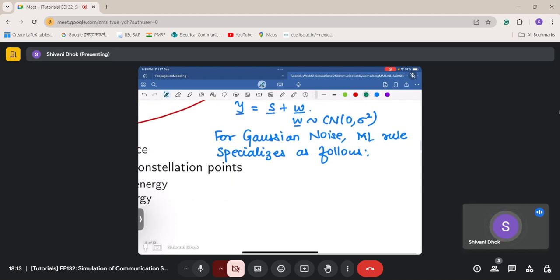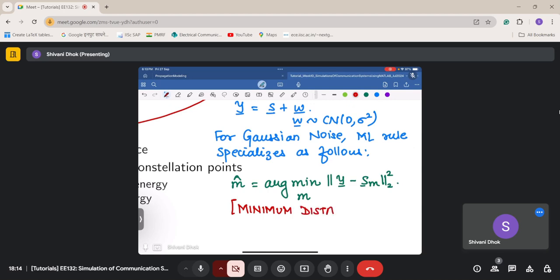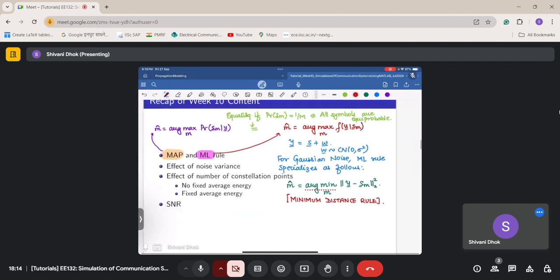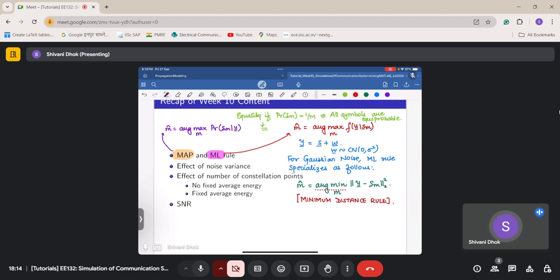This rule becomes m hat equal to arg min over m of the squared distance between y and s_m, and this is basically your minimum distance rule. So this is all about your MAP and ML rule.